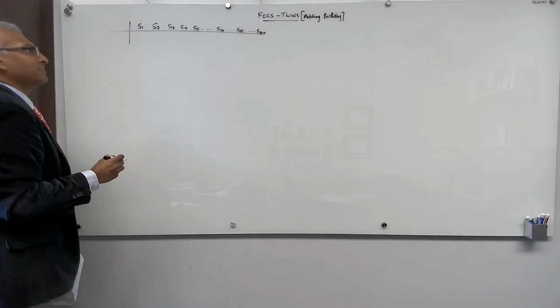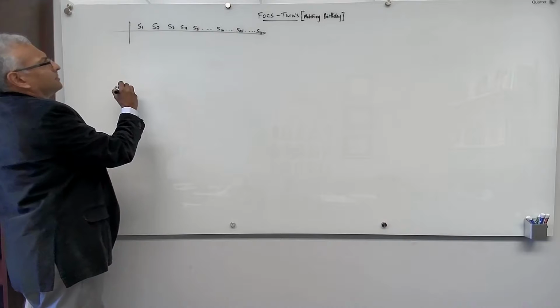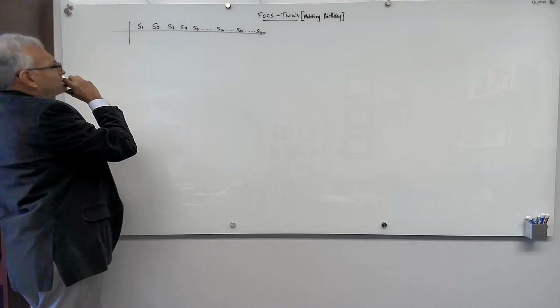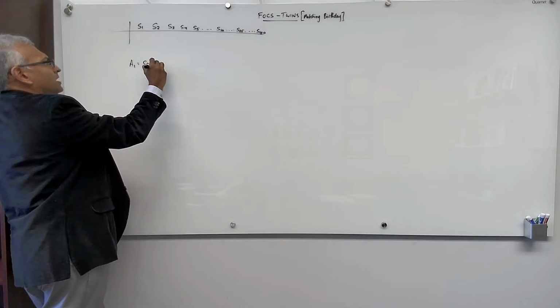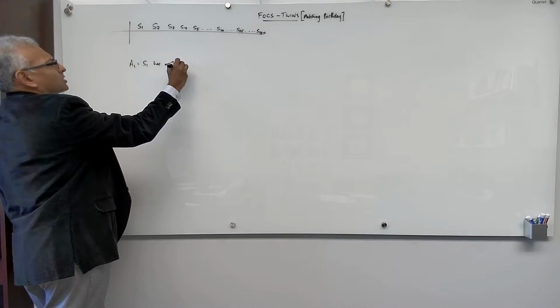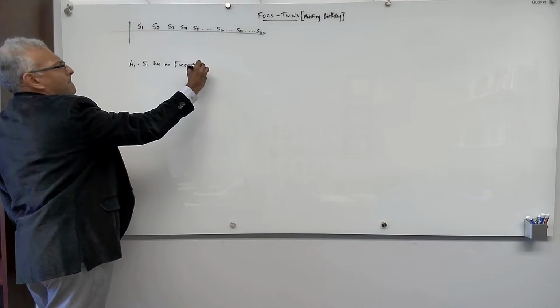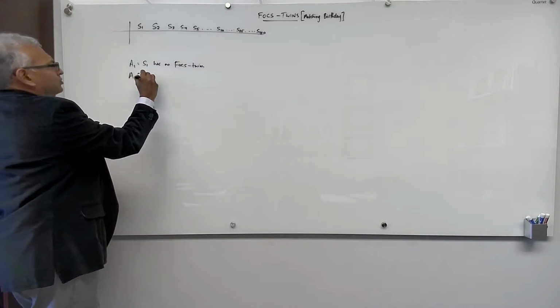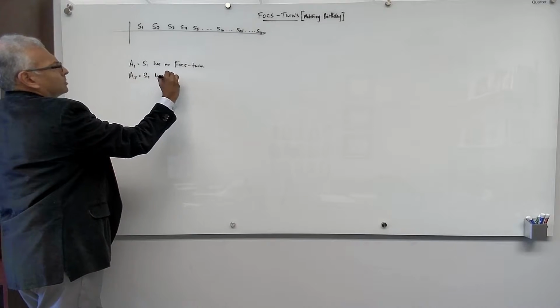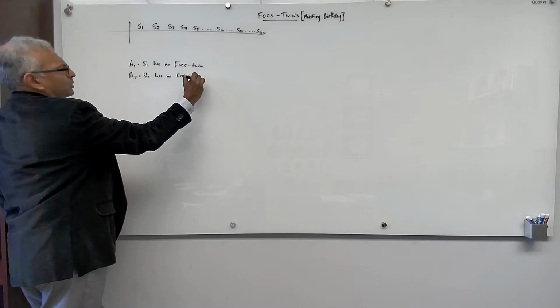Imagine that I define the events as I ask students. I define the event A1, when I pick the first student, as the event that student 1 has no FOCS-twin. And A2 is the event that student 2 has no FOCS-twin.